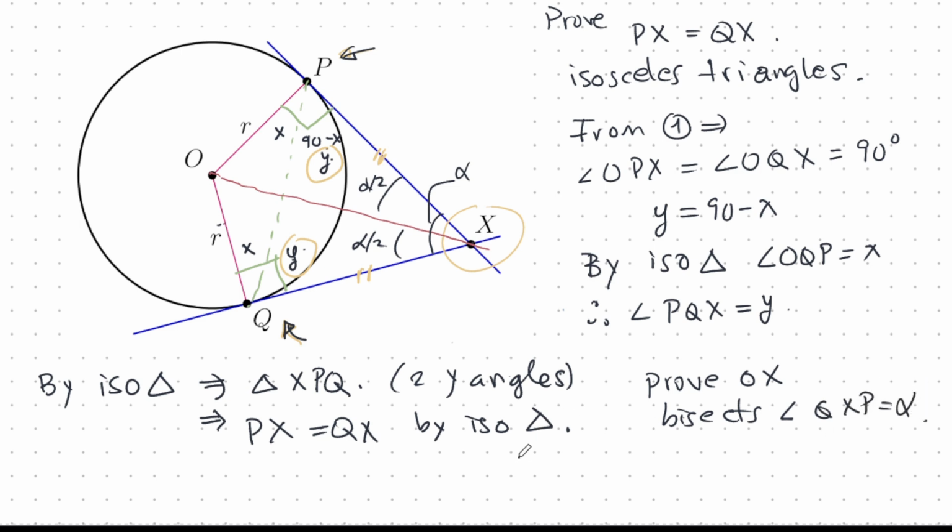Now that's easy to prove, and I'll give you a hint. You've got two congruent triangles. Because we know that this is equal to this, then by SAS, side, angle, and side, these two triangles OQX and OPX have to be congruent, and therefore all the angles are the same.